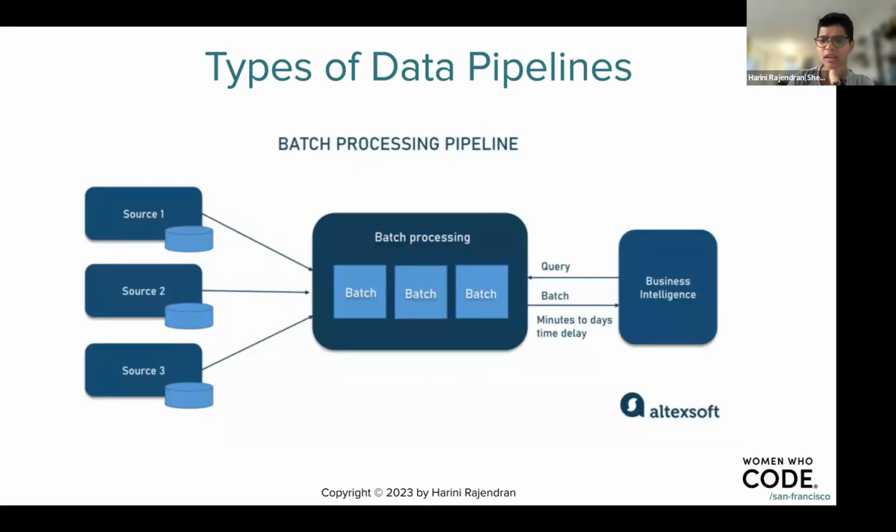And then it's also stored in some data store, and finally the stakeholders, business intelligence people or representatives, whoever, can query this batch processing software or the data store to get the data or trigger a job and then get the result that they are interested in. This is how a high-level batch processing pipeline looks. We'll see a specific example towards the end.